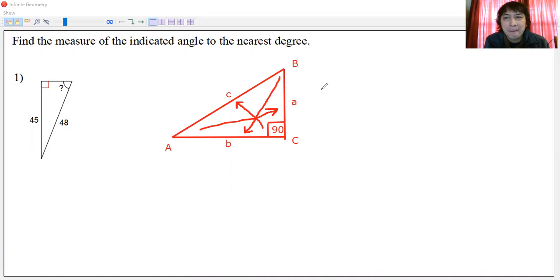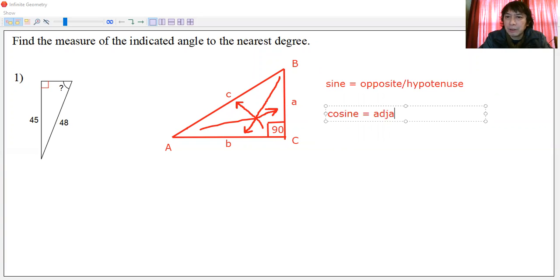Okay, so what we're going to consider is the three trigonometric functions first. Considering the sine function, the sine function is the ratio of the opposite side to the hypotenuse. And then the cosine function is the ratio of the adjacent side to the hypotenuse.